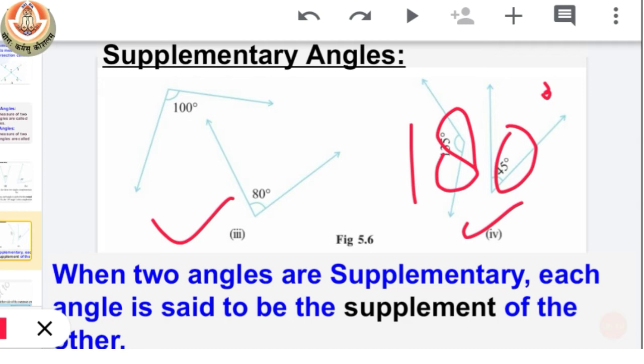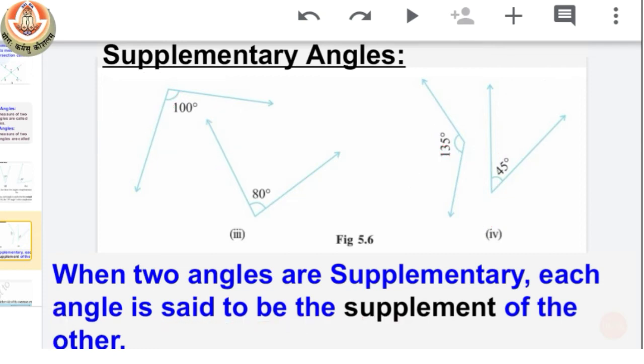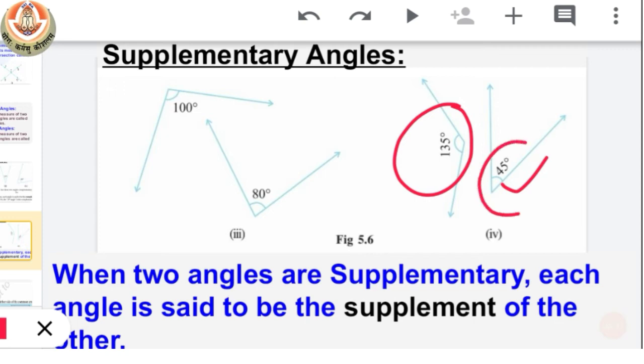Now when two angles are supplementary, each of the angles is said to be the supplement of the other. That means 80 is the supplement of 100 degrees and 100 degrees is the supplement of 80 degrees. Whereas in the other pair, 135 is the supplement of 45 degrees and 45 degrees is the supplement of 135 degrees.